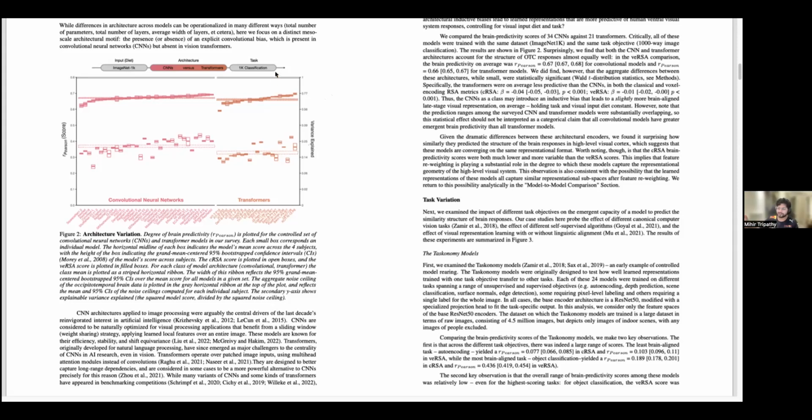Okay, so that was actually intentional on their part, because they wanted to make sure that each of the models was tested on ImageNet 1K. So all of the models had the same data set with similar accuracies.